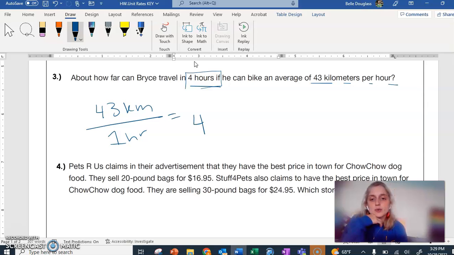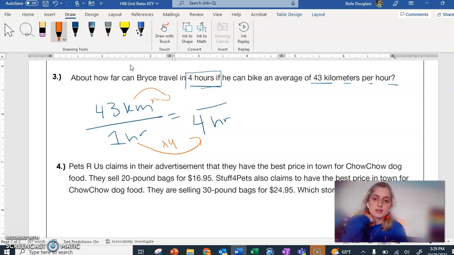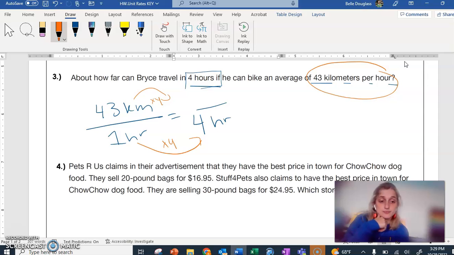You're going to write an equivalent ratio. How do I get from 1 to 4? Well, times 4. 1 times 4 equals 4. 43 times 4 will equal your final answer. And your units there will just be kilometers because we're using this unit rate. It's not our answer. So our answer is not going to be a unit rate with 2 units, just kilometers.